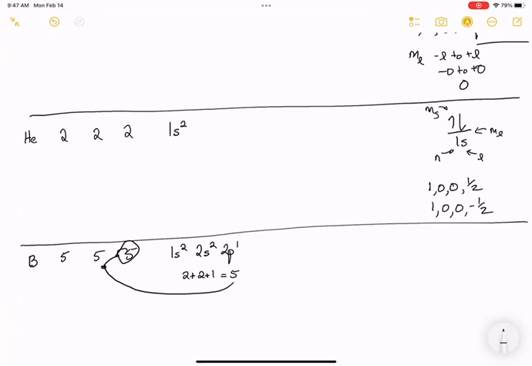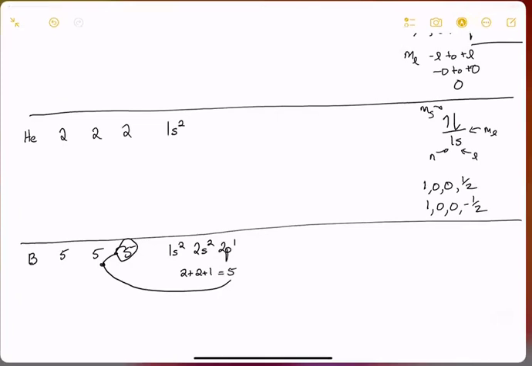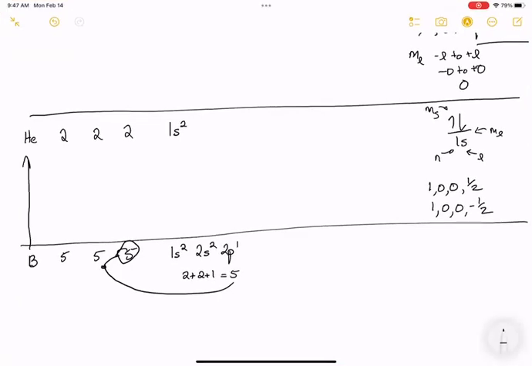Now, finally, we can do a box or a noble gas diagram. Helium was our noble gas prior to the boron. And you will notice that helium and boron both contain the 1s2 in common.